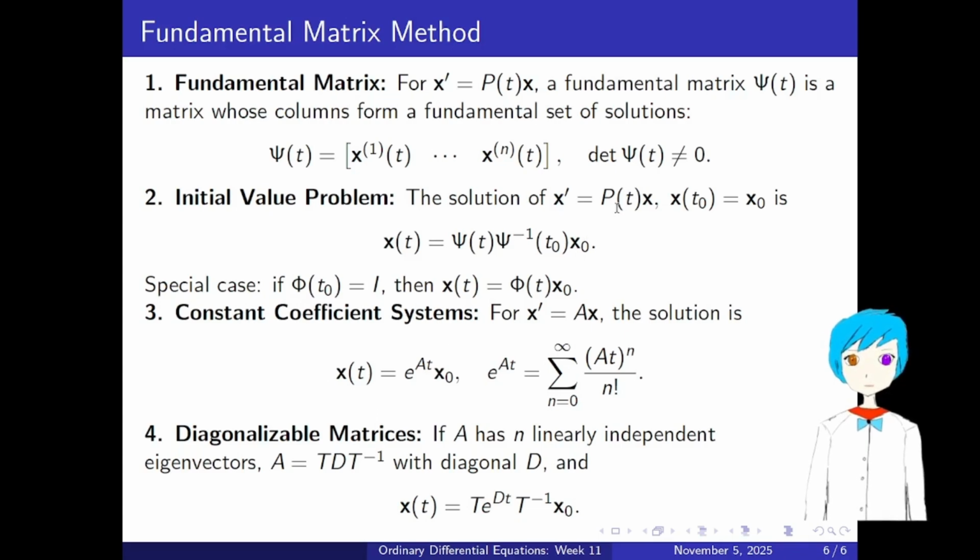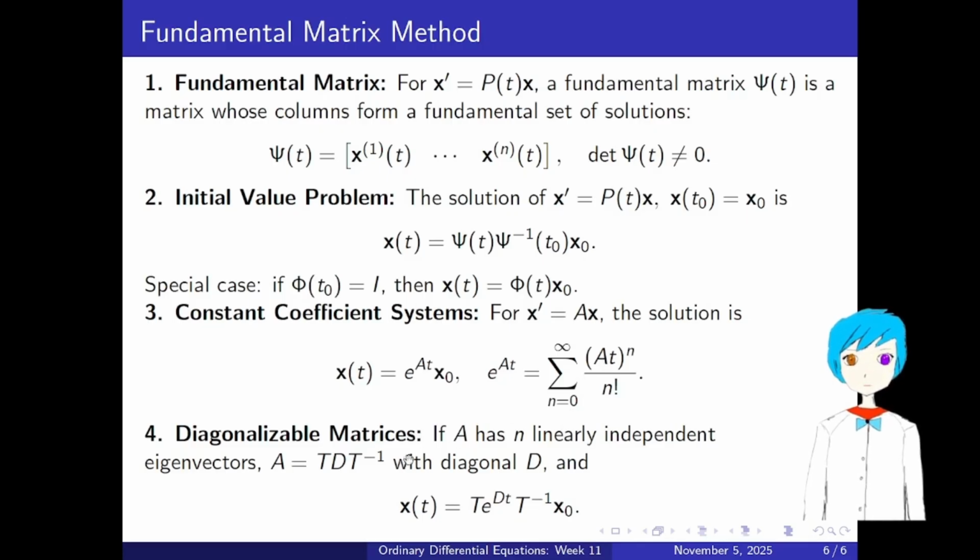Specifically, if P(t) does not depend on time, we have x prime equals Ax, then the solution can be simply written as x(t) equals e^(At) x0, where e^(At), this is a matrix defined by using the Taylor series.